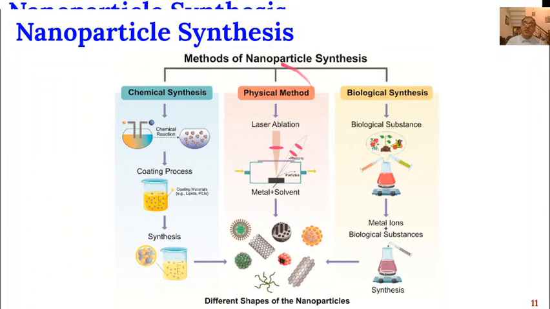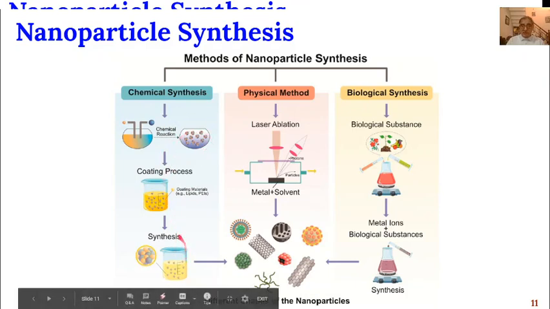Now, these are chemical, physical, or biological synthetic methods to synthesize nanoparticles. In chemical synthesis, we will first dissolve the desired solution, then coating of those nanoparticles is done, and hereby we can synthesize different types of materials.